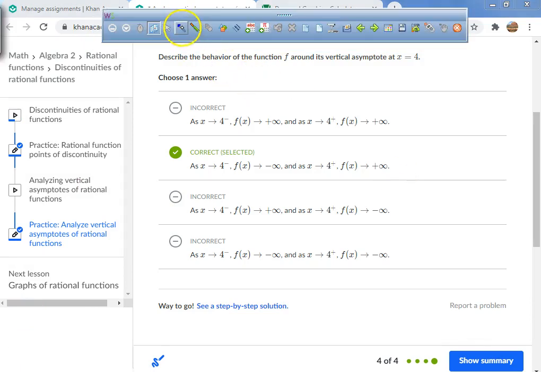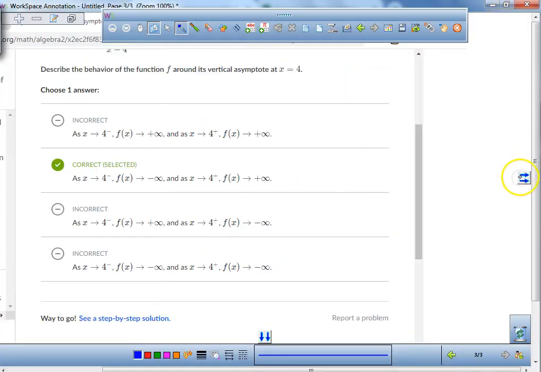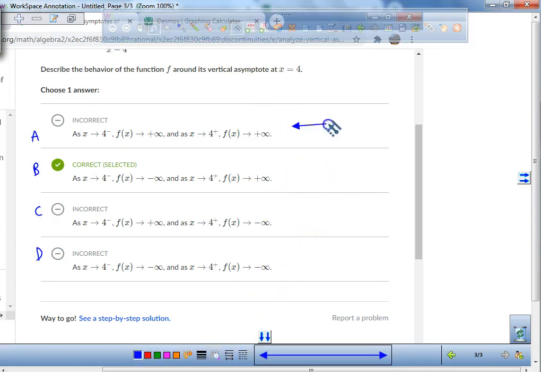All right, so what I'm going to do now is make some sketches. We're going to call this answer choice A, answer choice B, answer choice C, and answer choice D. All I'm going to do is make some quick little graphs. I'm just going to make a little x-axis, y-axis for each of these, and I'll move it over here.